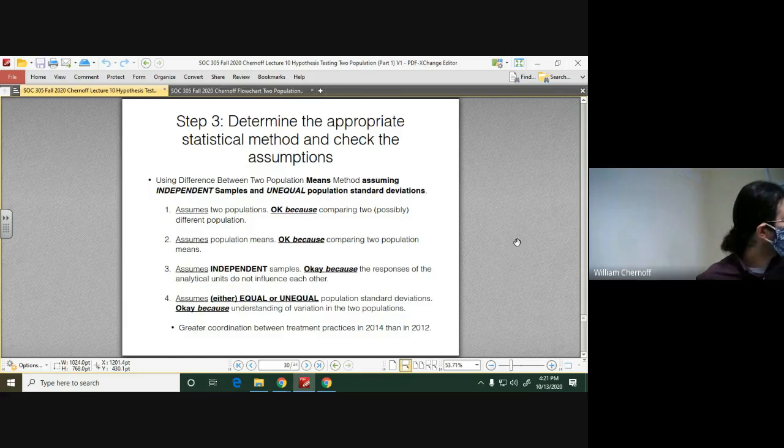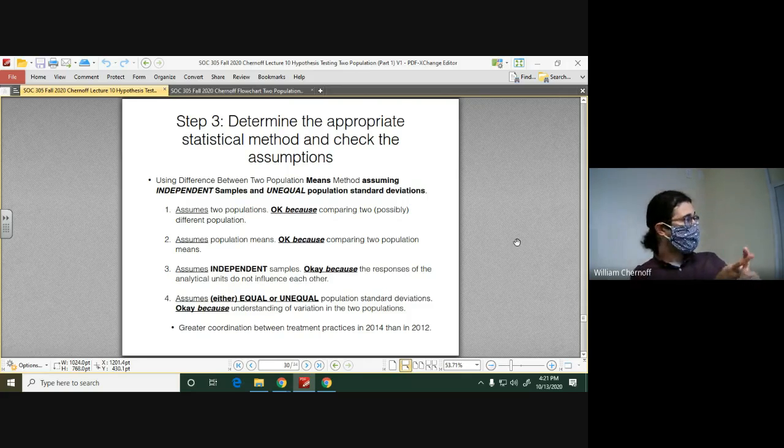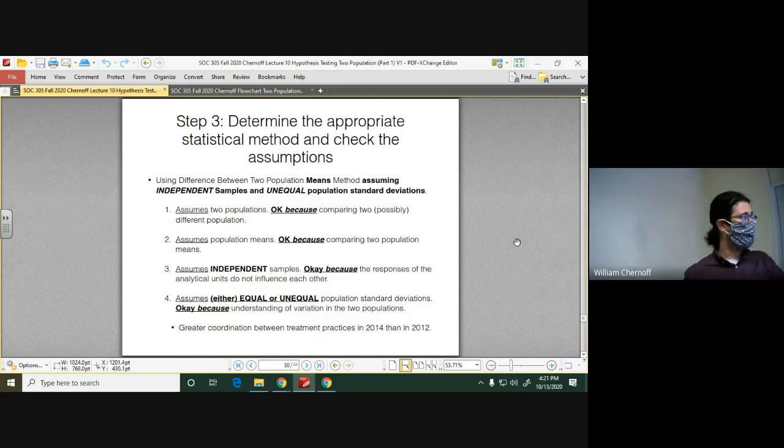So we set alpha equal to 0.05. We then determine the appropriate statistical method, and we check our assumptions. So here we're still working within this difference between two population means method, assuming independent samples. In this case, we're assuming unequal population standard deviations. Number one, we can assume that there are two populations, because we're comparing two possibly different populations.